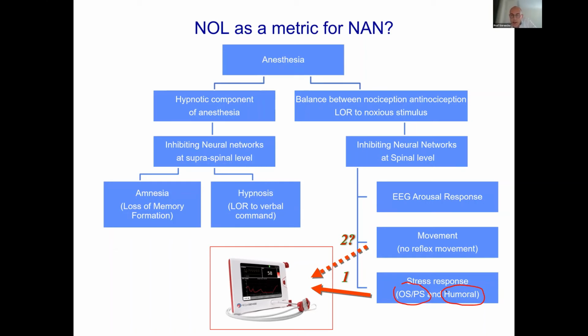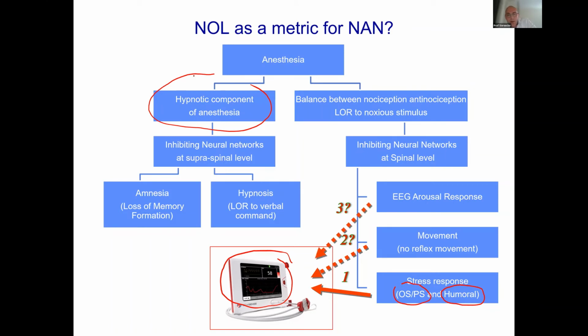But I think what still needs to be shown in future is whether, if you optimize your anesthesia according to the NOL and combine it with an EEG monitor for the hypnotic component of anesthesia, you will be able to lower the probability of a movement response. I'm not sure, because that's using a different neurophysiological pathway.